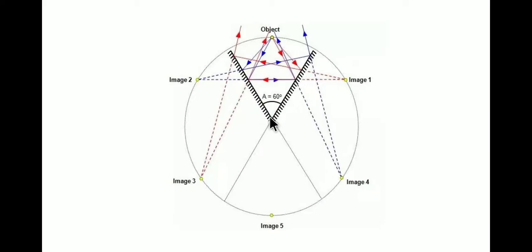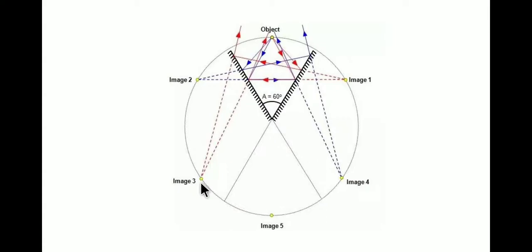The object and the images formed by the two inclined mirrors will lie on the circumference of the circle, whose center will lie at the point of intersection of the two mirrors, and the radius of this circle will be equal to the distance of the object from the point of intersection. So this distance will be called the radius of this circle, and hence the images will be formed on the circumference of the circle.